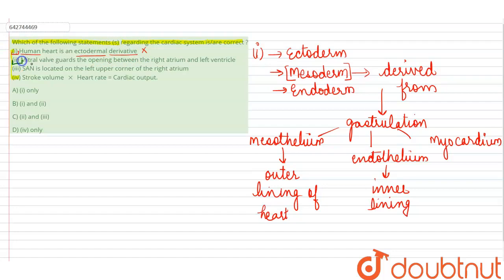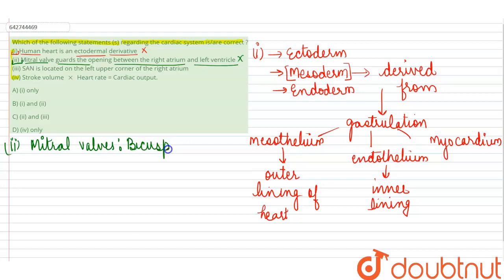The second statement says that the mitral valve guards the opening between the right atrium and the left ventricle. This statement is also incorrect. Mitral valves are also called bicuspid valves.